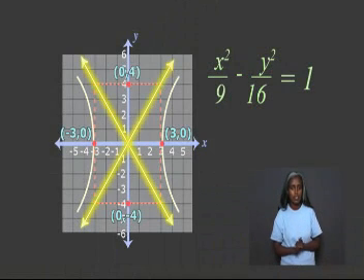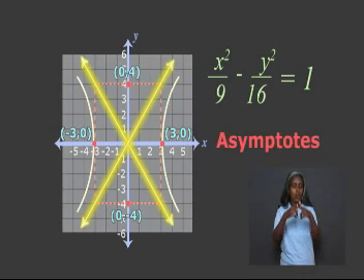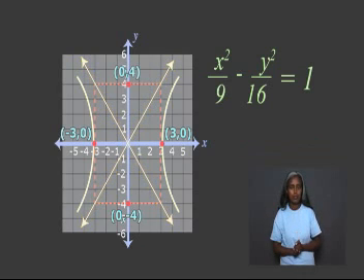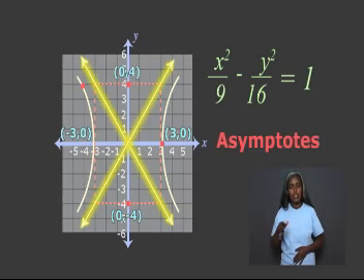The diagonal lines that pass through the coordinates of the vertices are called asymptotes. If a point P on a curve moves farther and farther away from the origin, and the distance between P and some fixed line tends to 0, then the fixed line is called an asymptote to the curve.